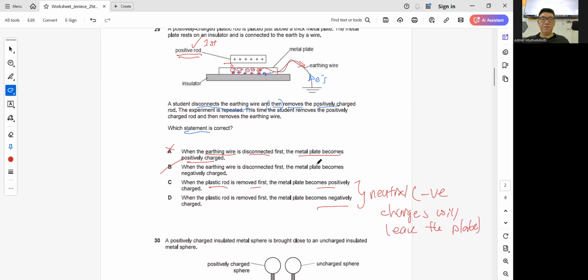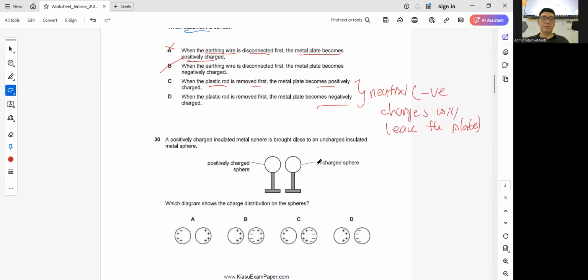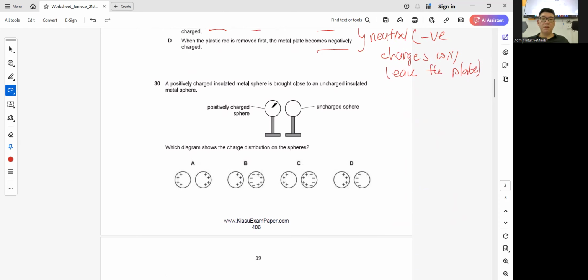Okay, moving forward. Oh, this is quite okay. So you get something like this, and this, and this. Okay, an uncharged sphere doesn't mean that there isn't any charge at all. Uncharged sphere simply means that there are equal numbers of positive and negative charges.